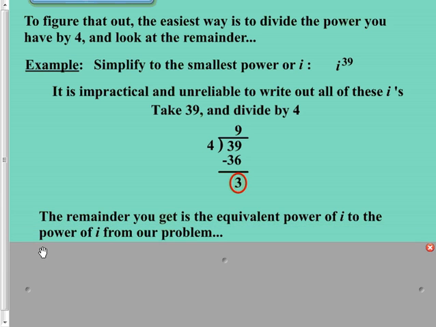The reason we're interested in it is because the remainder you get is going to be the equivalent power of I to the power of I that you had from your previous problem. What that means in this case is that I to the 39th is equivalent to I to the third. So the remainder simply becomes the power of your answer. It's really quite simple.